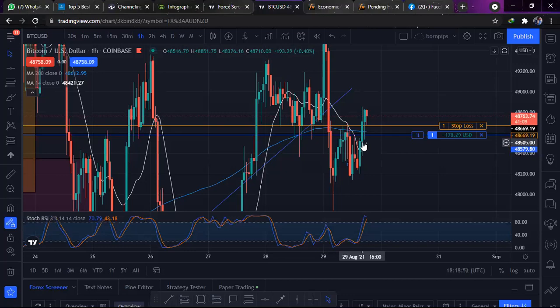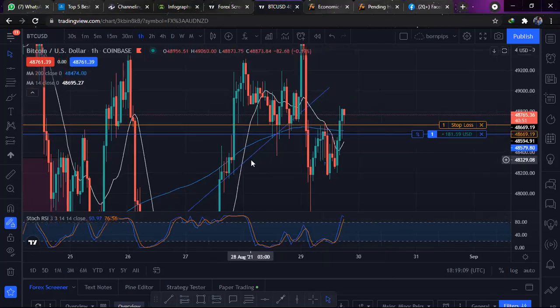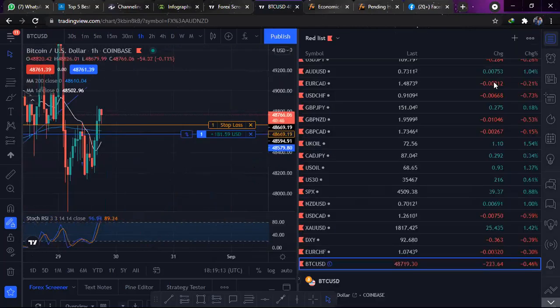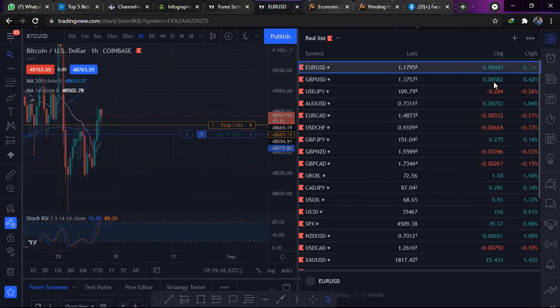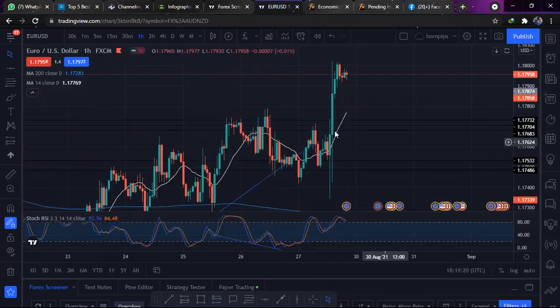All right. Let me use an example of entering a sell trade. When you enter a sell trade, it means the market should be going down. Let me use Euro USD to illustrate.